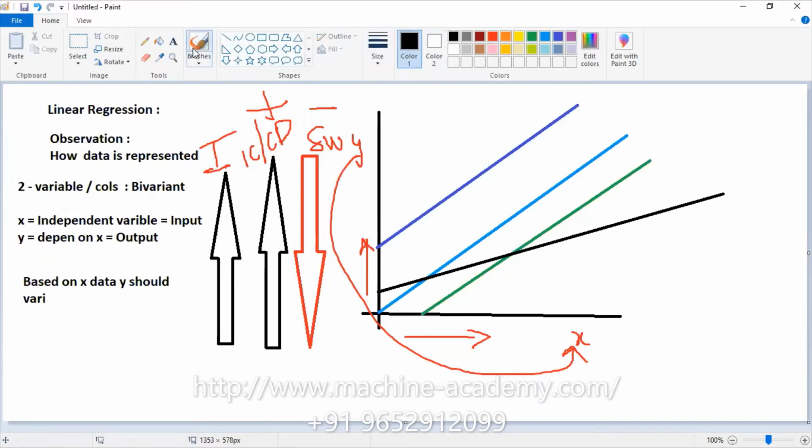By this representation of the observations, we are observing the relation between two particular variables, the x variable and the y variable. Consider this is an x variable and this is a y variable, just as a simple consideration.